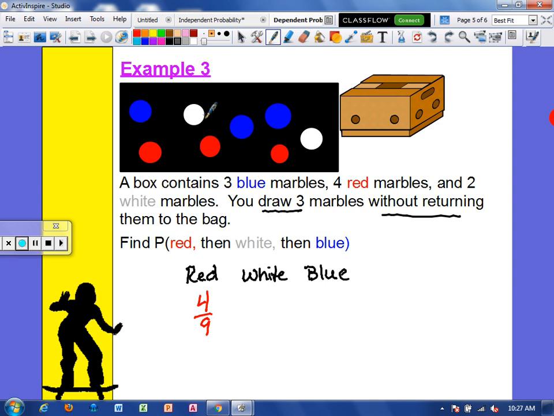So now there are 2 white marbles out of 8 marbles that are left. And now we're going to assume that we drew that white marble and we're not going to replace it. Now let's find the probability of drawing a blue marble. So there are 3 blue marbles out of 7 marbles that are left.